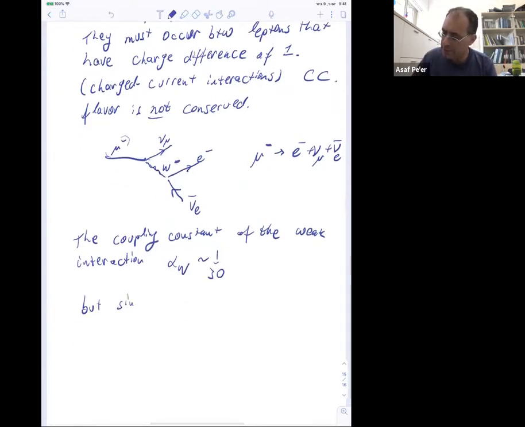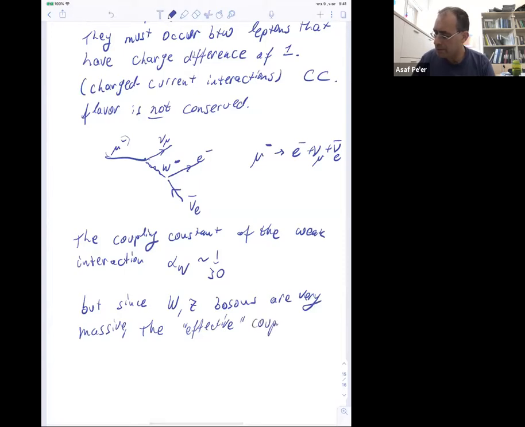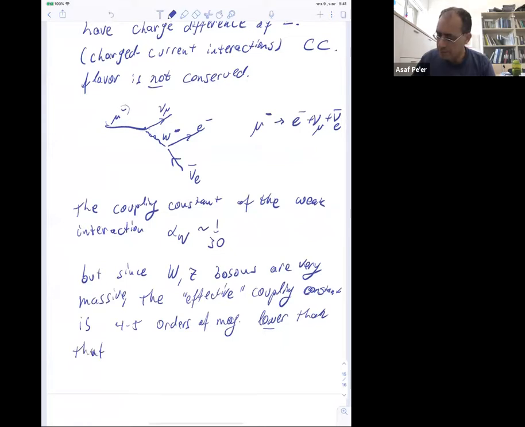But since W and Z bosons are very massive, the effective coupling constant is something like 4 to 5 orders of magnitude lower than that of electromagnetic interaction.